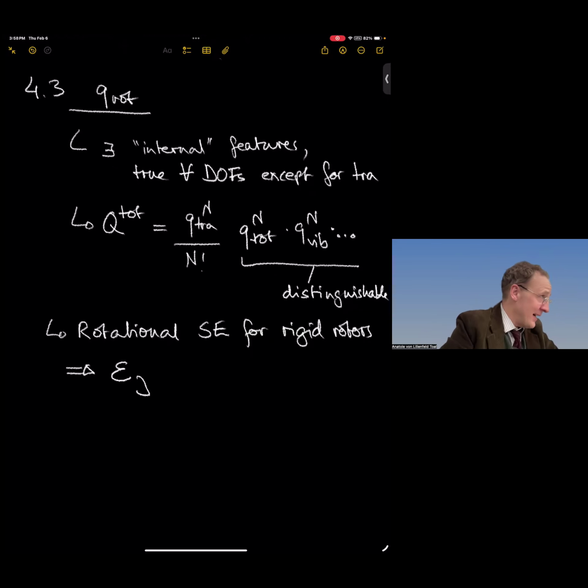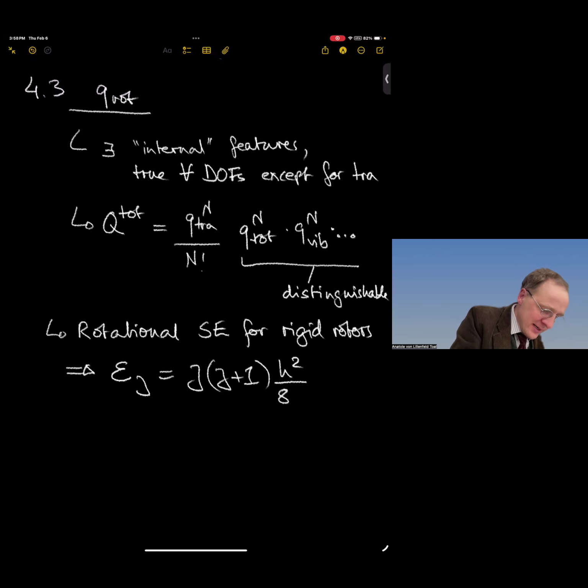The eigenvalue of the rotational state J is the quantum number J times J plus 1 times h square over 8 pi square I, the moment of inertia. Okay.